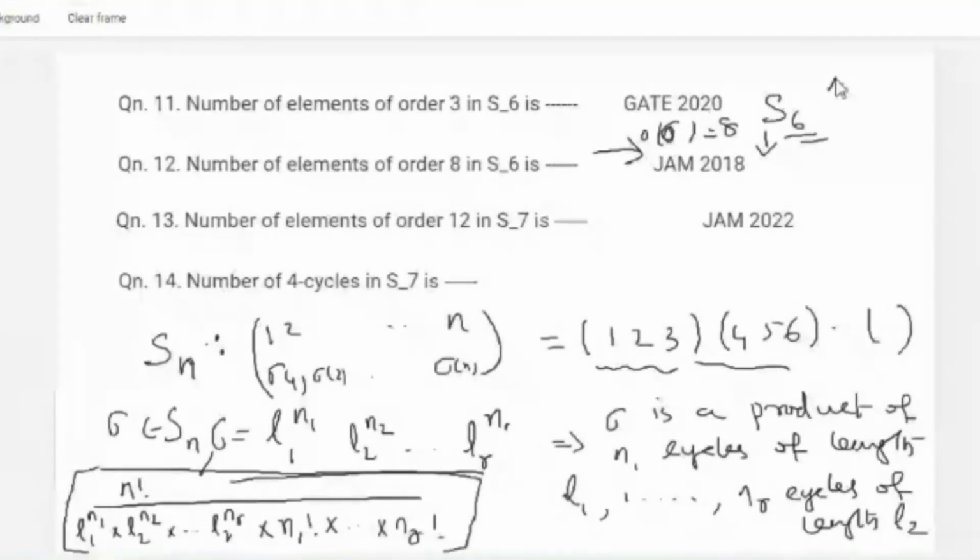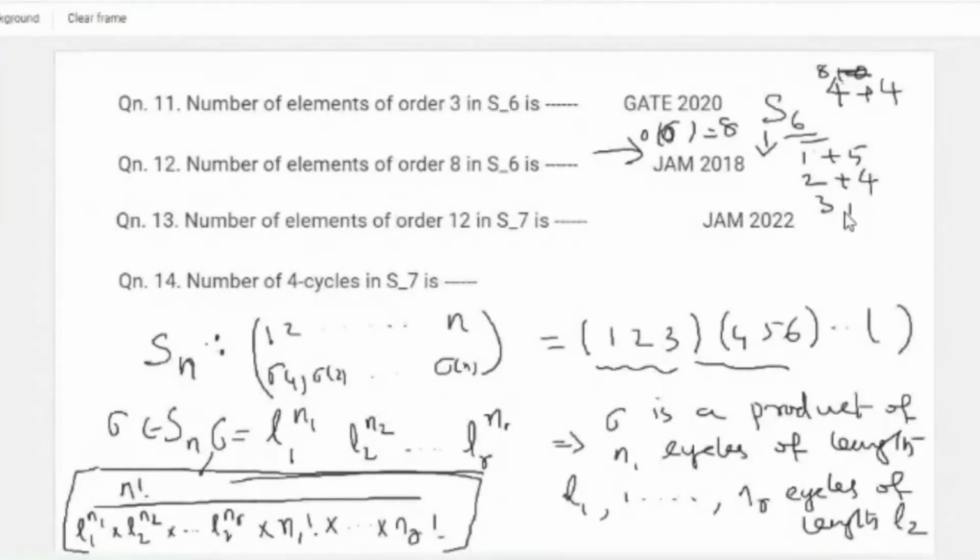So for integer partitions, when you look at 8, it is 8 plus 0, and 4 plus 4. Those integer partitions are there. But in S6, what you will get is either 1 plus 5, 2 plus 4, 3 plus 3, like this.